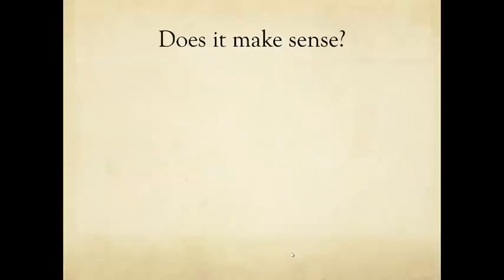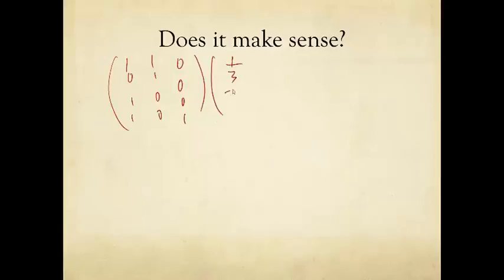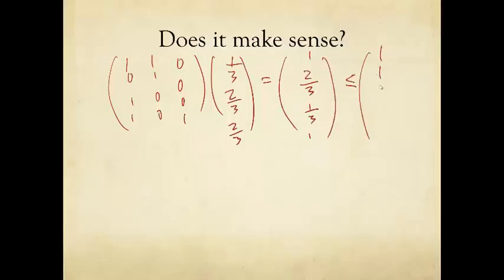And just to have a sanity check, does this make sense? Indeed, you can see the routing matrix multiplying this answer of 1/3, 2/3, 2/3 equals 1, 1, then 2/3, 1/3, 1, which is indeed less than or equal to 1, 1, 1, 1, the capacity of 1 megabit per second for every link.